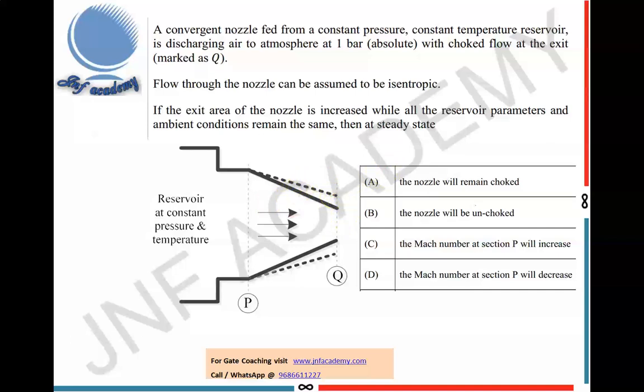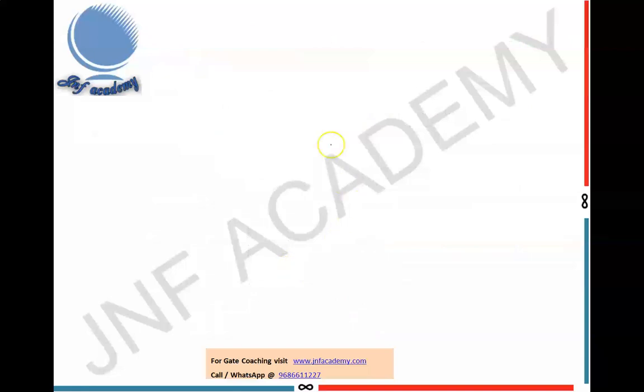So first of all, what do you mean by the flow has got choked? Flow has got choked means that beyond that you cannot have more, unless you change the reservoir conditions. For a given reservoir condition, beyond that you will not have a higher mass flow rate, which means that when you consider your flow to be choked, m dot by A will be equal to a constant.